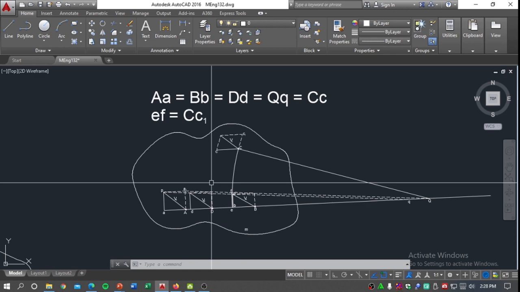This example is found on page 46 of the textbook, in article 3-6, velocities by resolution and composition, example 1. In figure 3-11, we see a four-bar linkage, and you have to obtain the velocities by means of the resolution and composition method.